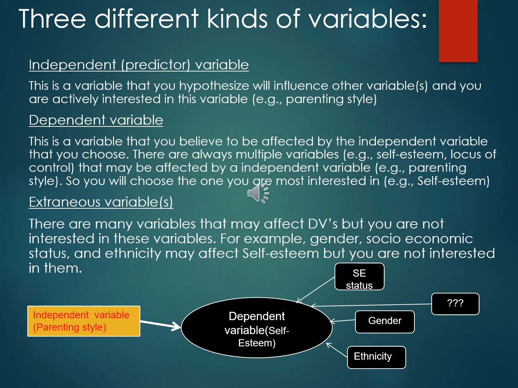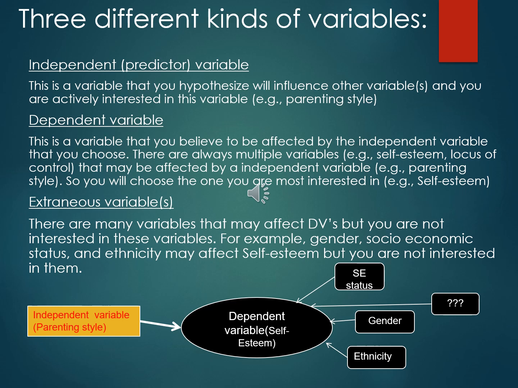And what are extraneous variables? Extraneous variables are the variables that are assumed or suspected to affect the dependent variable in the real world. Let's say that you are interested in the effect of parenting style on self-esteem. Parenting style is the independent variable and the dependent variable is self-esteem. Self-esteem in the real world is affected by socioeconomic status, gender, ethnicity, and all these other different kinds of variables.